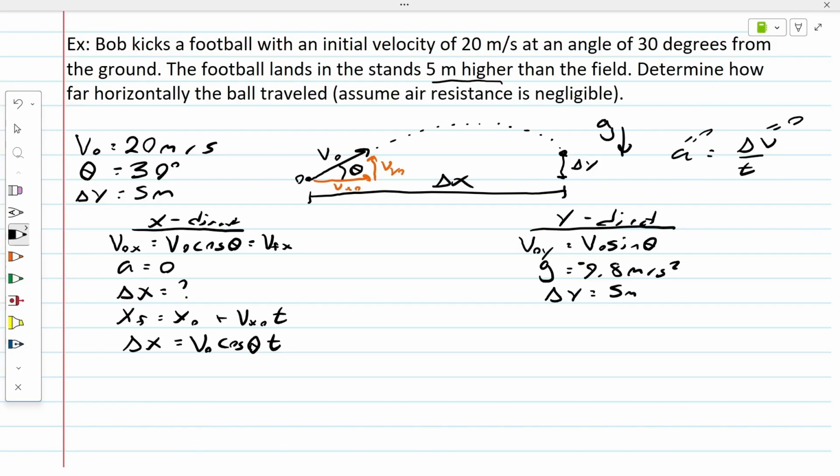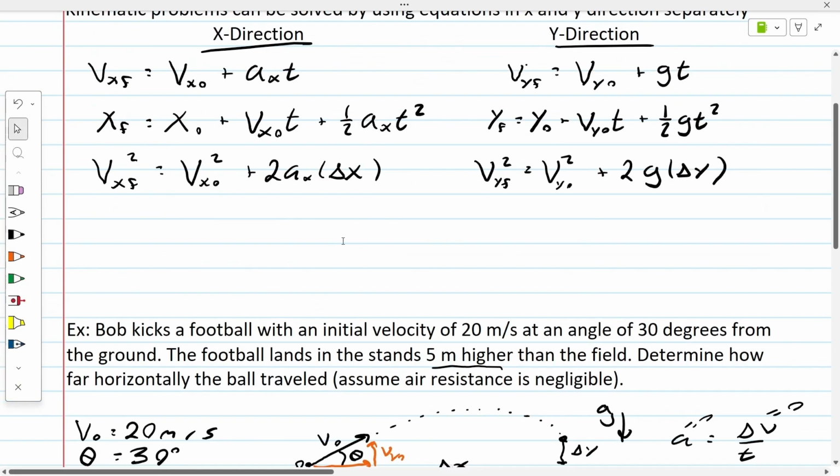So we need to figure out what equation we can use to solve this, right? Most likely we're going to try to find time, because we need this change in x. We know these two, but we don't know time. So what can we use to solve for time? If we go up here to see what equations we have, this one we could use to solve for time, but we don't have the velocity final.